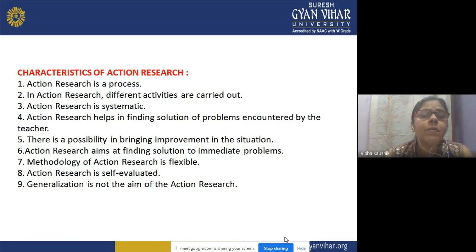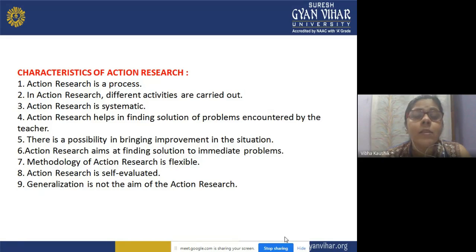Action research helps in finding solutions of a problem encountered by the teacher. Now, who will try to find the solutions of a problem? It will be the teacher, because the teachers are facing the problems and the teacher finds out the solutions. There is a possibility of bringing improvement in the situations.